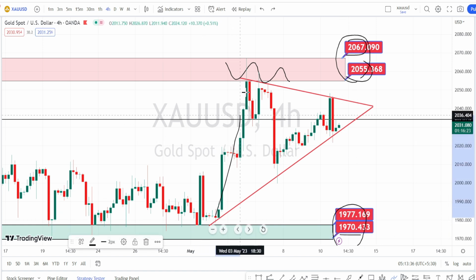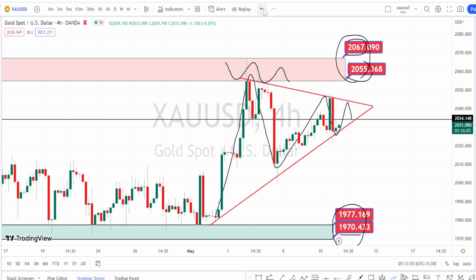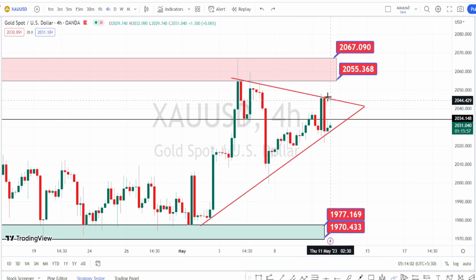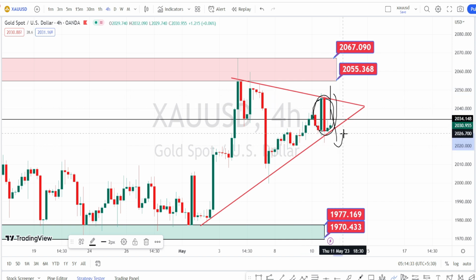And currently when we look at the price action, it is trading within a symmetric triangle pattern in 4 hours time frame. So when we look at the latest candles it has formed, we had a very strong bullish candle and a very strong bearish candle, which shows that both the buyers and sellers are at equal strength and they don't want to let the price go up and they don't want to let the price come down either.